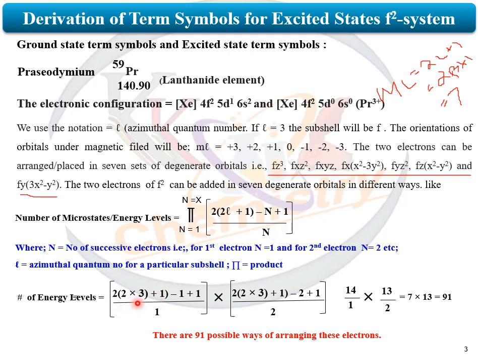We know that l is equal to 3, so putting the value of l over here, for the first electron it is minus 1, and for the second electron it will be minus 2. The rest of the formula remains the same. By just calculating, using addition, multiplication, and division, we get 91 energy levels. So there are 91 possible ways of placing these electrons.